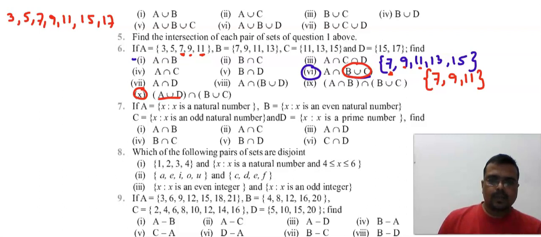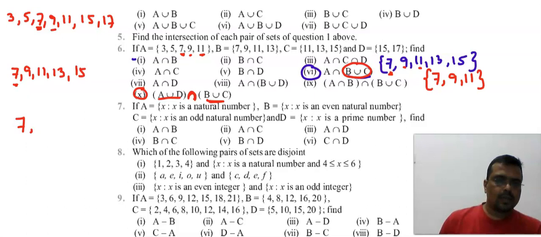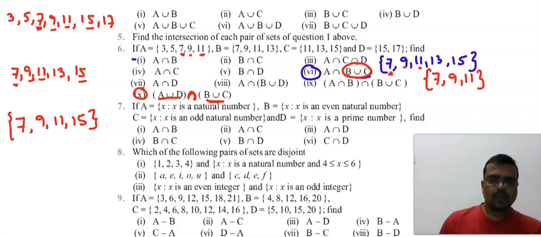Then we write B union C. Whatever is there in B or in C. So we'll write all that. 7, 9, 11, 13, 15. So this is B union C. Okay. We have to find intersection between them, means the common part. So you can see here what is common. 7 is common. 11 is common. And 15 is there. So 7, 9, 11 and 15 is the final answer.